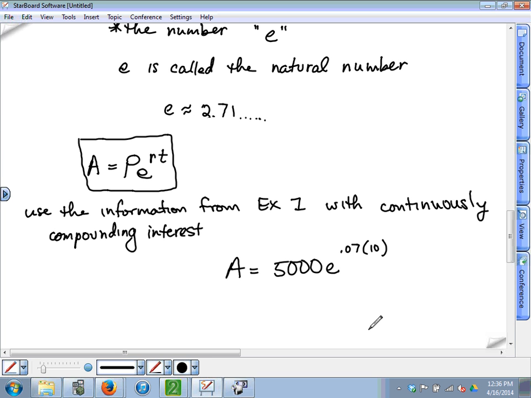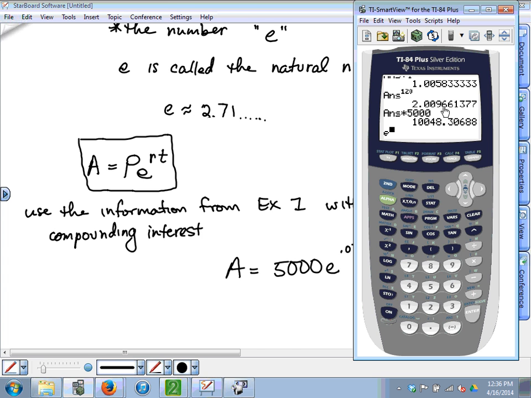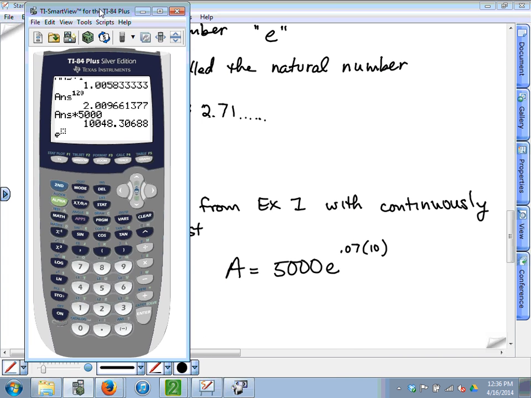You probably can type this all in at once on your calculator if you're careful. Type in the little E button wherever it is on your calculator. Now make sure the rest of this is an exponent: 0.07 times 10. And then hit enter.